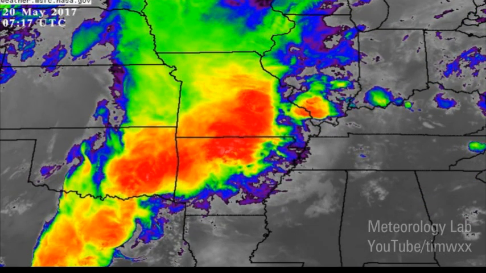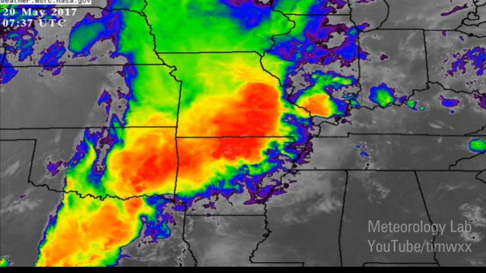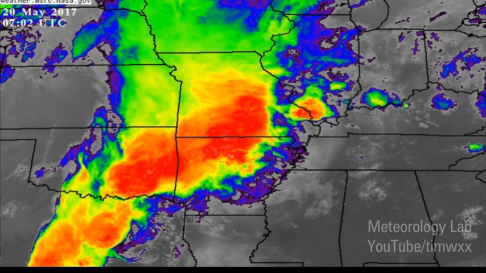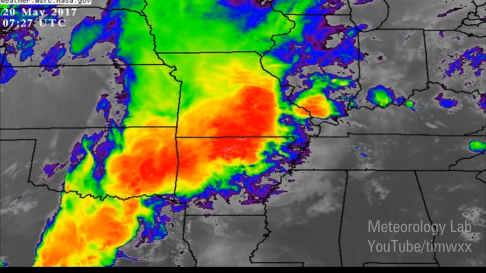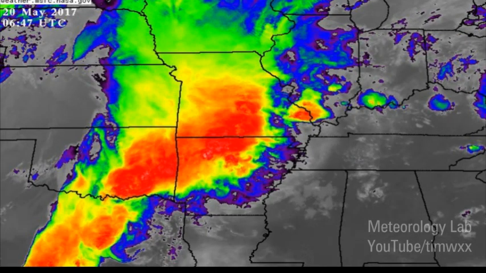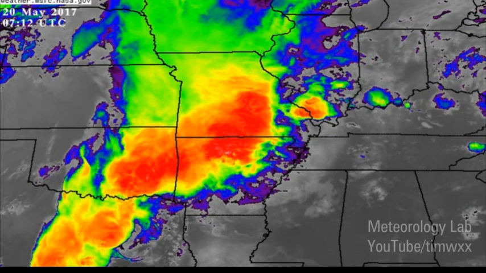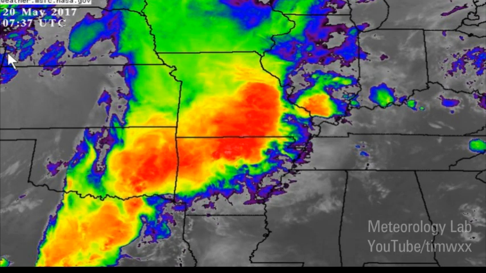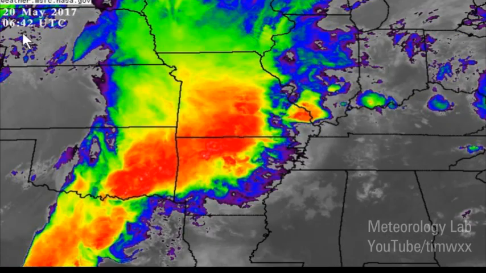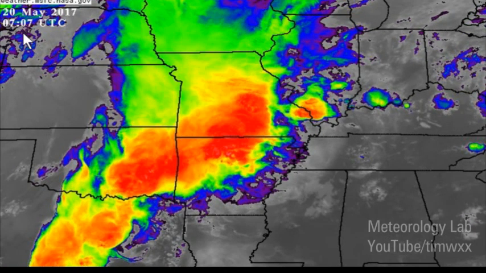So this is the infrared imagery of the Missouri storm, and do you see the great thing about the GO16 data? This is the GOES-R Next Generation. Do you see what's so great? Right here at the top left, see that time right there? Infrared imagery every 5 minutes.